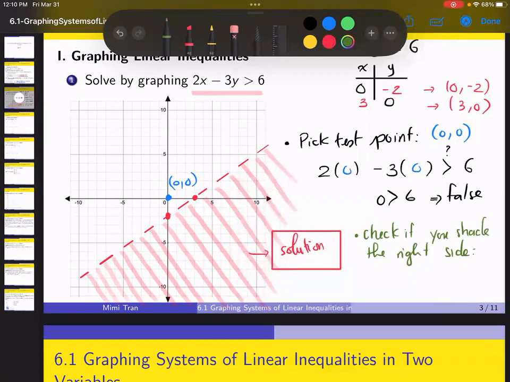Pick a point here, say 0, -5, as long as it's on that side. I like to pick something easy for me. You plug it into the original. Is it greater than 6? 0 for x, -5 for y. So, checked. It is greater than 6. Any point that you pick on that shaded side will be greater than 6. You know that you got the right side.